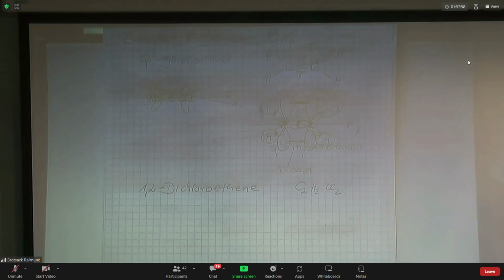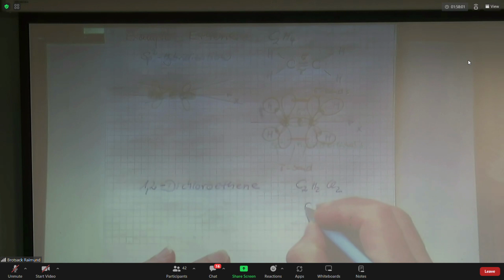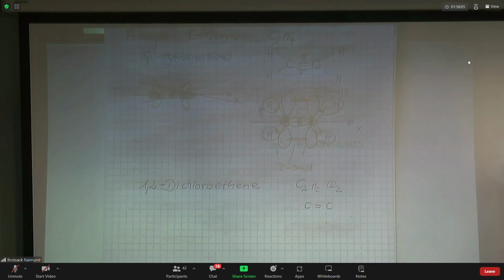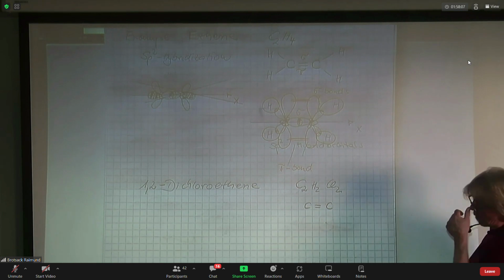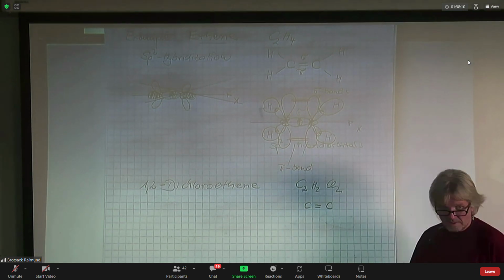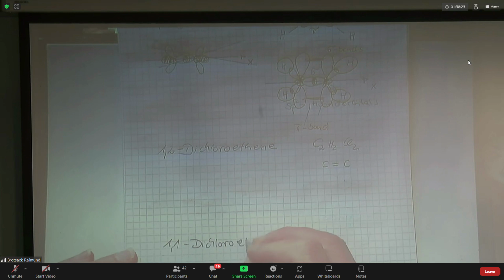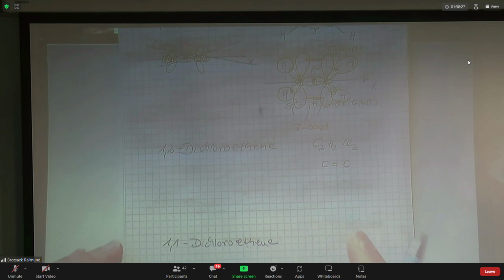So we have here C atom, double bond, C atom. Now, please tell me, where do we have the chlor atoms when we talk about 1,2 dichloro? I will help you. The other option is the 1,1 dichloro. What is the difference between the 1,2 dichloro and the 1,1 dichloro?